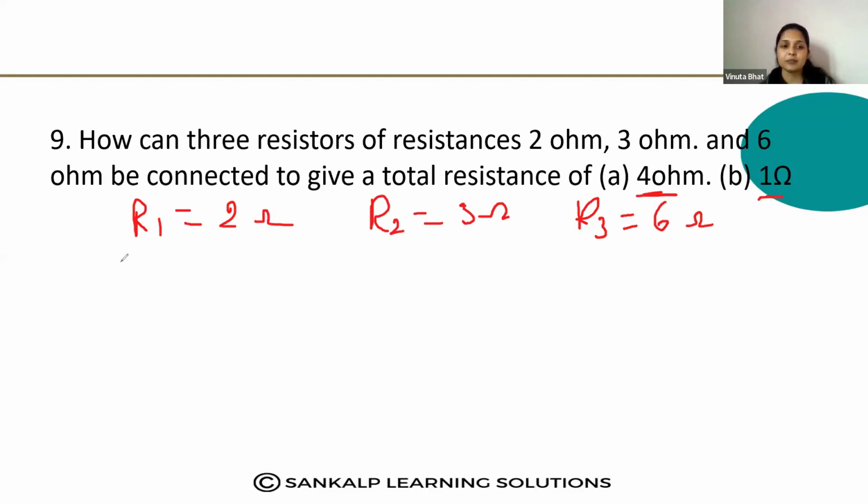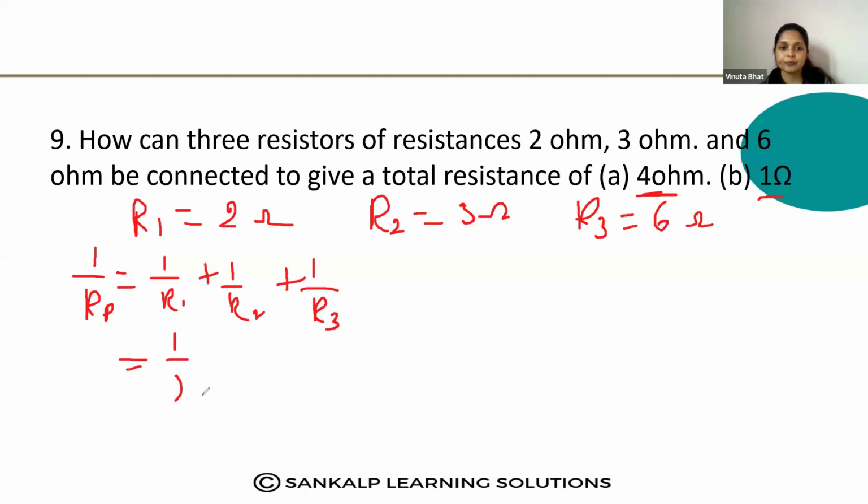So I will connect them in parallel. 1 by Rp is equal to 1 by R1 plus 1 by R2 plus 1 by R3. I will connect these 3 resistors in parallel. So 1 by 2 plus 1 by 3 plus 1 by 6.